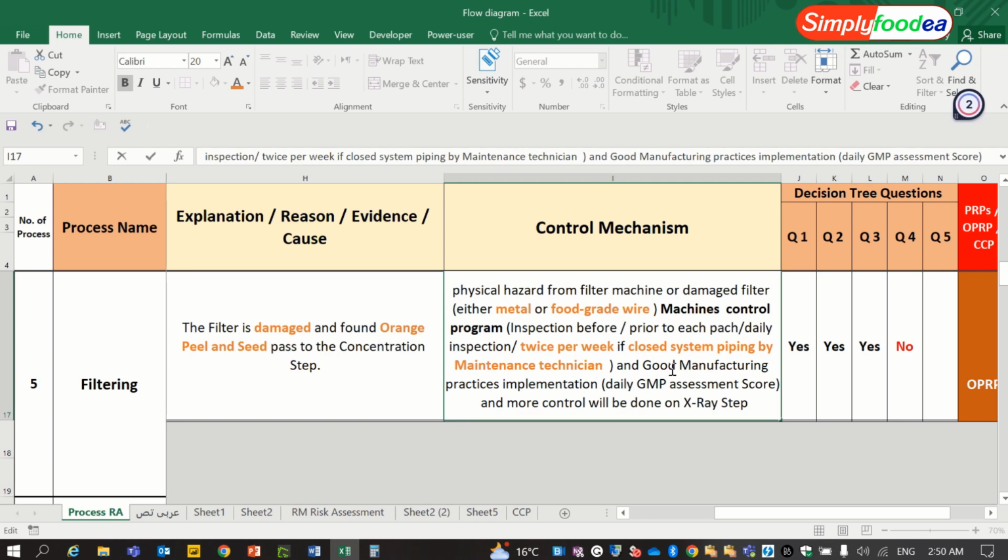And to control the good manufacturing processes, if there is any labor in the filtering process adding the orange juice from the squeezing, after the squeezing out manually, it will be controlled by the good manufacturing practices. We can also put it in this color.